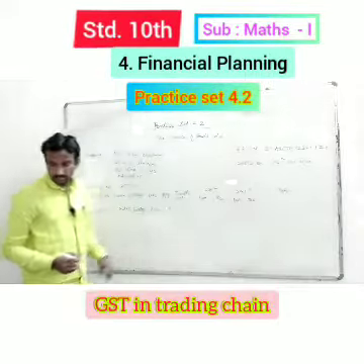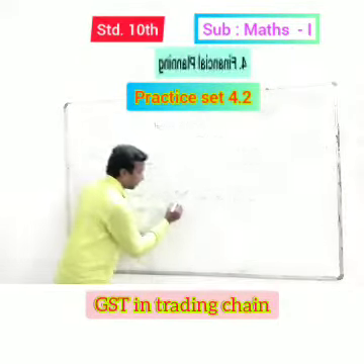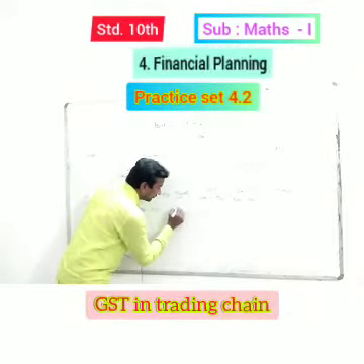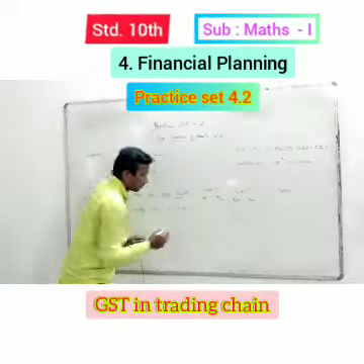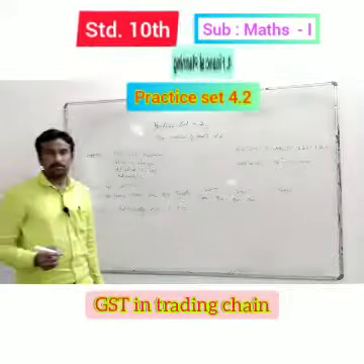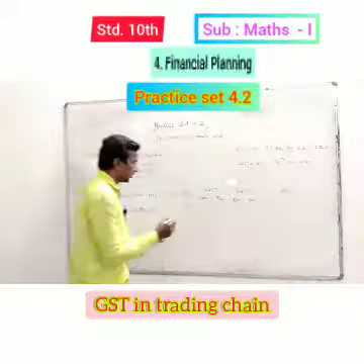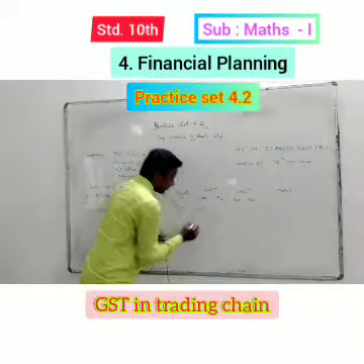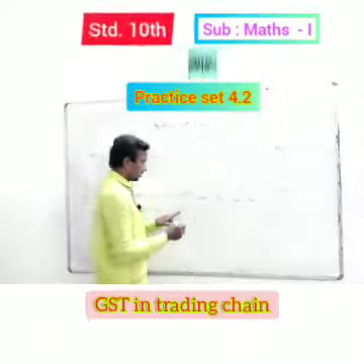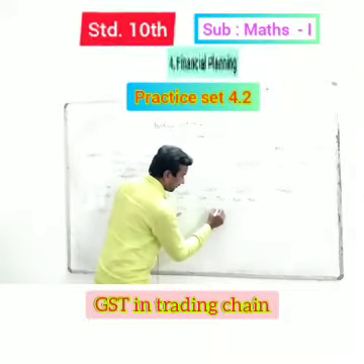Quantity 1 means taxable amount is rupees 200. Now rate of CGST is 6%. 6% of rupees 200 is 12.